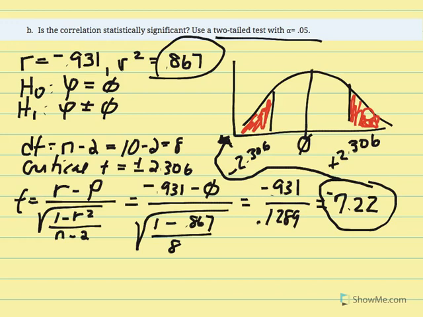So now we can draw our conclusions. Okay, so we know we're going to reject the null. The null said that there was no relationship between these variables.